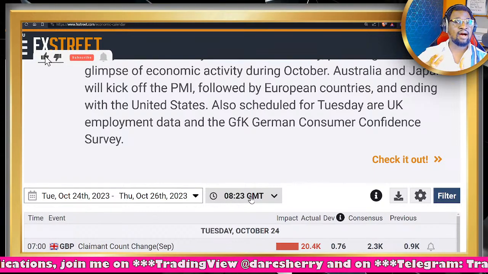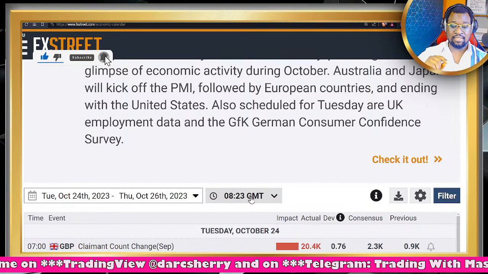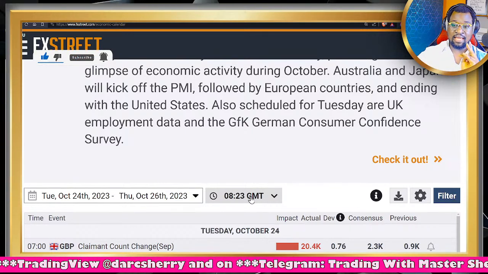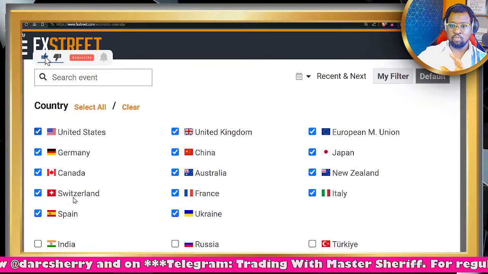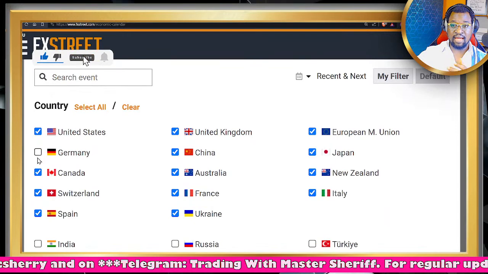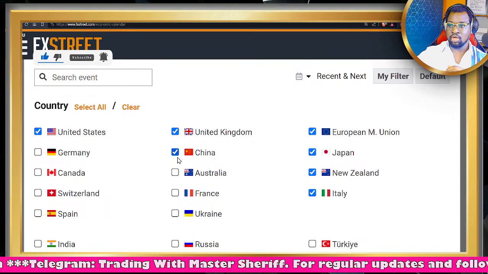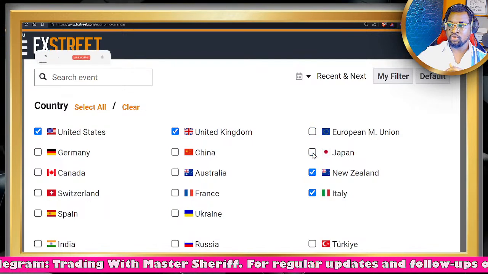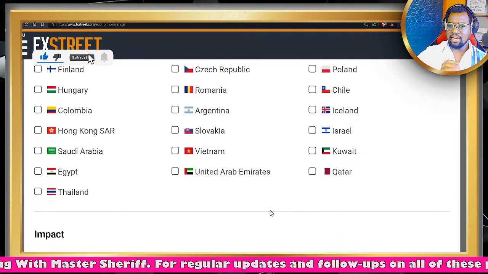And based on these assets, we are going to be focusing on economic dockets of the United States and the United Kingdom. And to make things a little bit clearer and more precise, we shall be taking out all the other economic dockets here, as we want to be focusing on the United States and the United Kingdom.